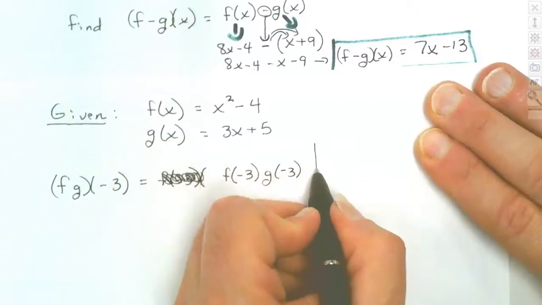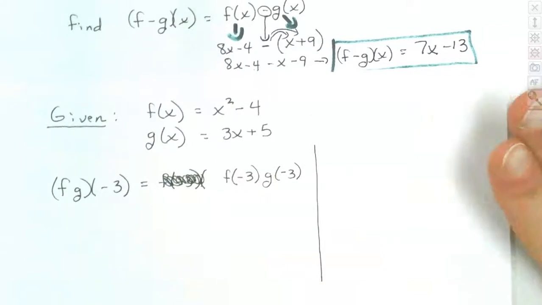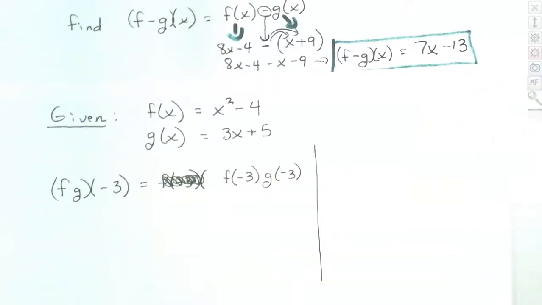And what do we do? We do each one individually. We do them separately. We've got a number inside our parentheses, so our answer has to be a number as well. So we plug that -3 into each one, put them back together, and multiply the result.